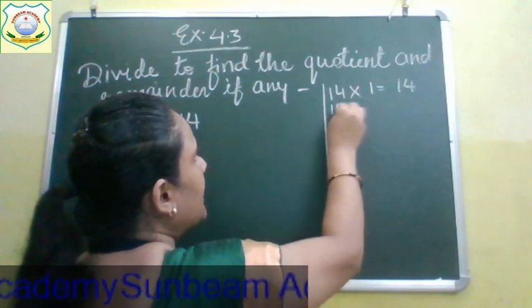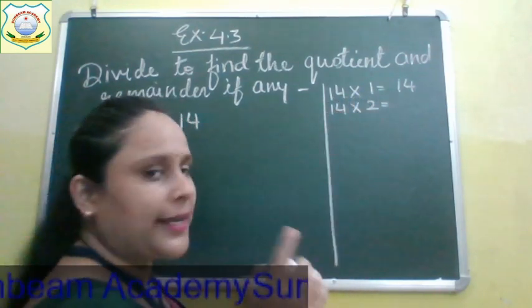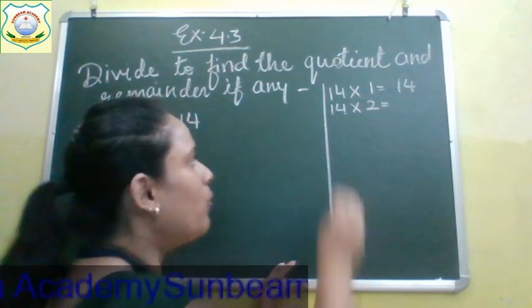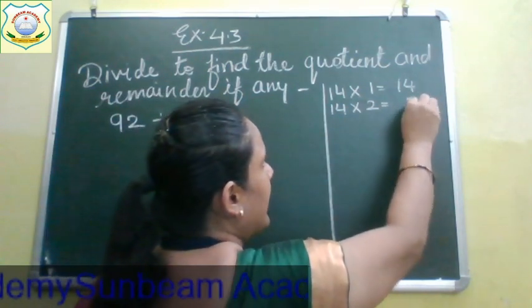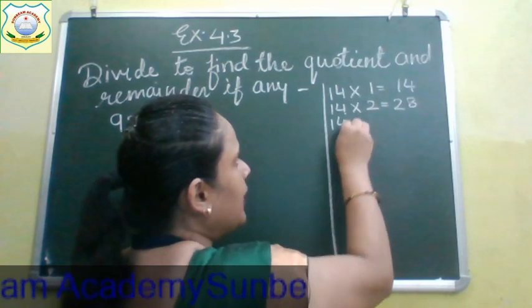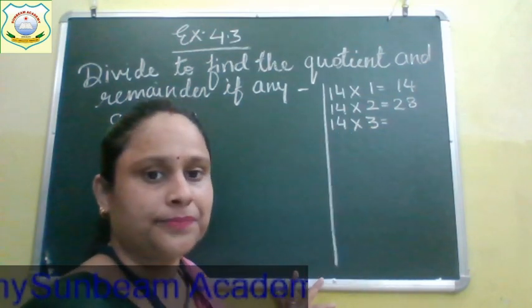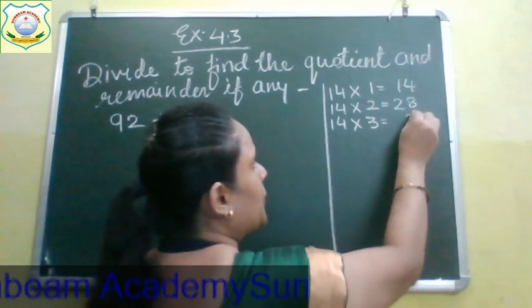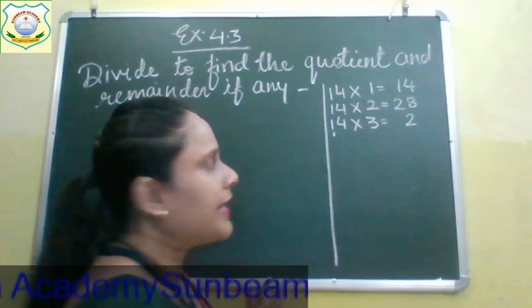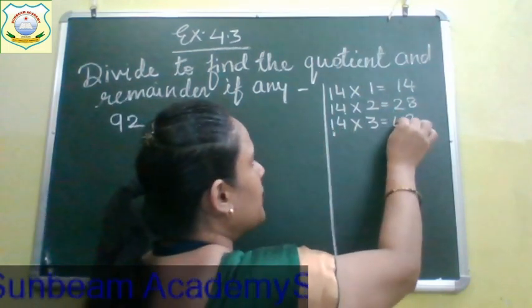Now see 14 into 2. 2 will be multiplied to the number written in the ones place. 2 fours are 8 and 2 ones are 2. Then see 14 into 3. 3 fours are 12. So write 2 and take 1 as a carry. 3 ones are 3 plus 1, 4.